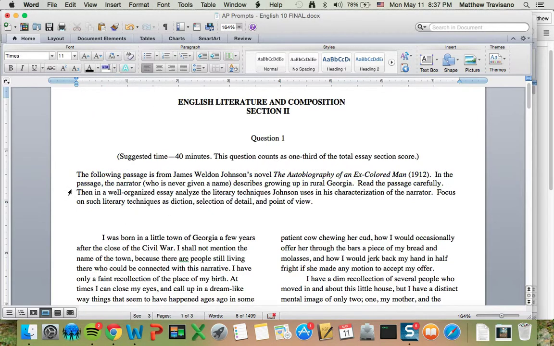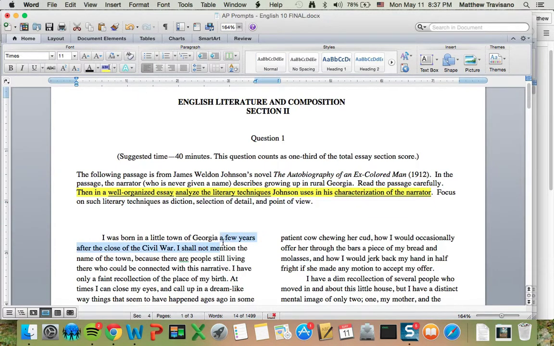Now, in a well-organized essay, analyze literary techniques Johnson uses in his characterization of the narrator. That's something we have to do. So specifically, we're writing a well-organized essay as opposed to a sloppy one. And we're analyzing literary techniques. Now, why are we analyzing those techniques? Because what we're looking for is how those techniques contribute to the characterization of the narrator.